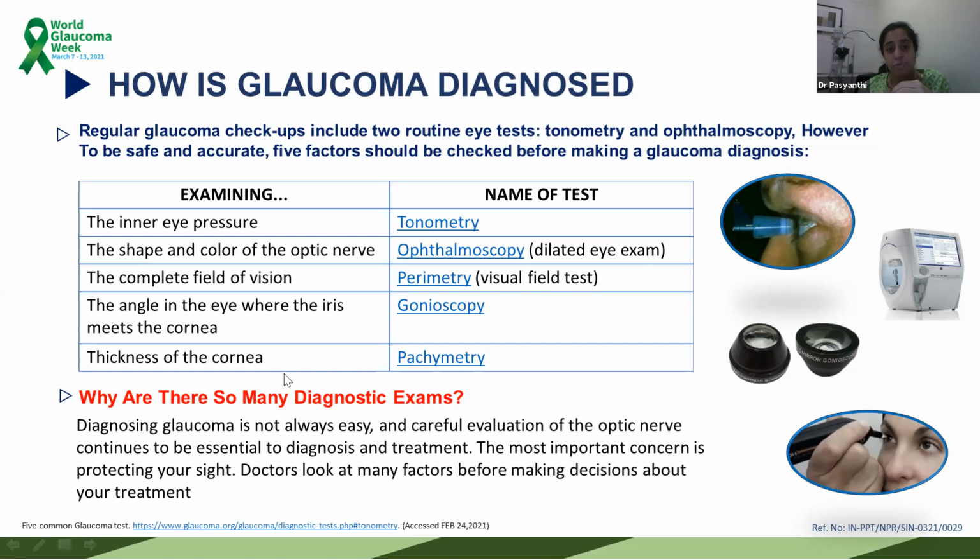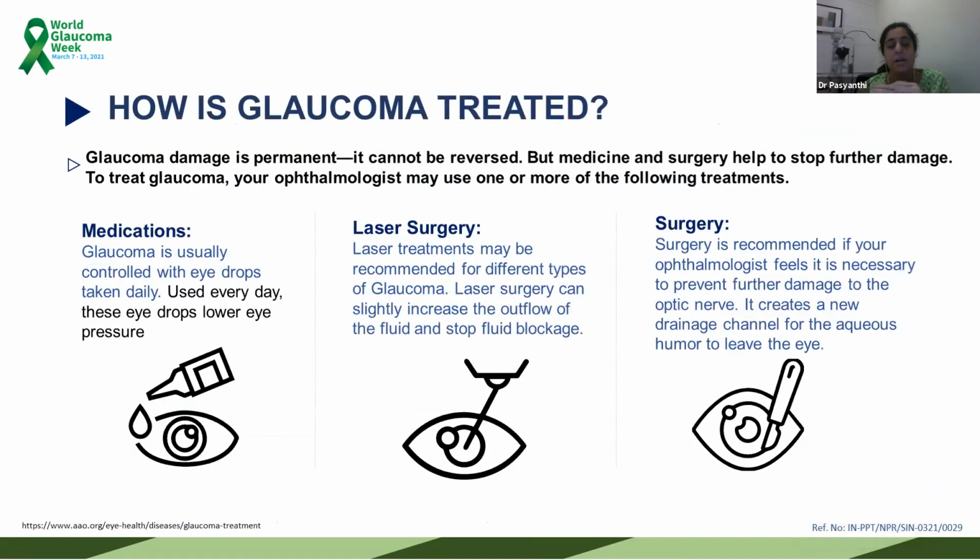So why are we having so many diagnostic exams? Because glaucoma is a disease where the treatment varies from individual to individual, and all these tests and various individual factors are considered in deciding the treatment for the patient. So how is it treated? When you have high intraocular pressure, you give medications so that the eye pressure is controlled.